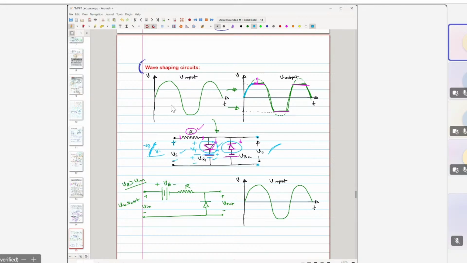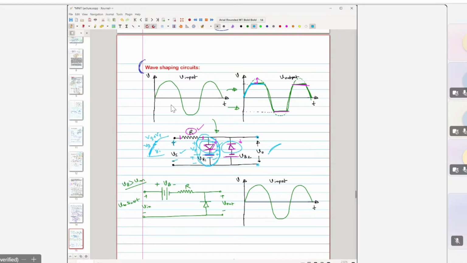That means when Vi is crossing Vb plus V gamma, this part of the circuit is fully active. Whatever voltage you apply beyond this cannot change the potential drop across this part of the circuit; it will be fixed at that point. That is what we call clipped. It has been clipped at this level.